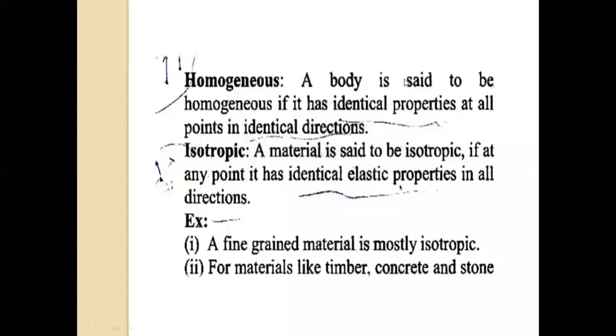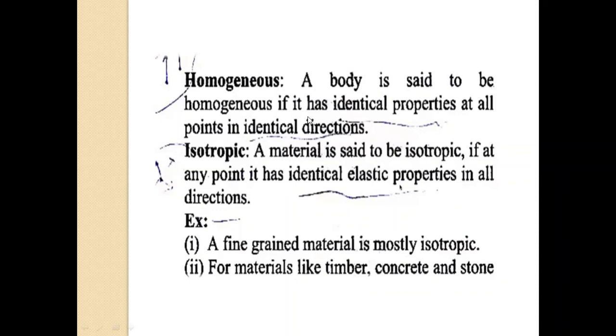Here, homogeneous. A body is said to be homogeneous if it has identical properties at all points in an identical direction. Homogeneous means elastic properties are the same at every point, then this material is known as homogeneous material. And isotropic means a material is said to be isotropic if at any point it has identical elastic properties in all directions.